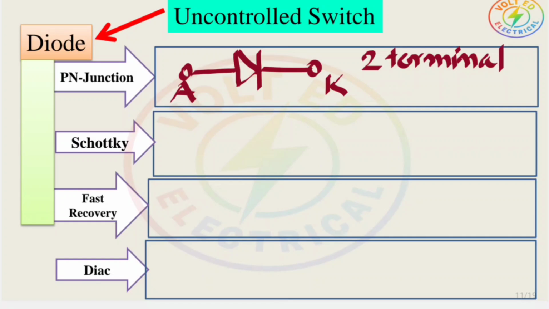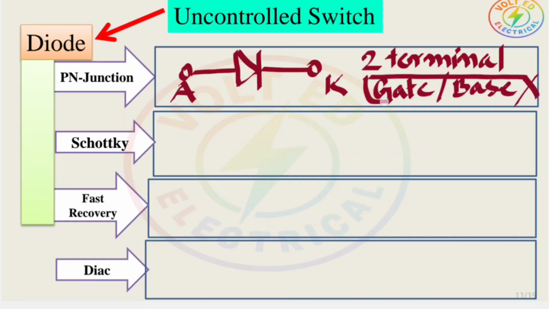This is a two-terminal device, so there is no third terminal like a gate or base. That's why it cannot be controlled. It switches on and off based on the applied voltage. When there is forward bias, it will be on. When it is reverse bias, it will be off. We cannot control it externally, independently, so this is called an uncontrolled switch.